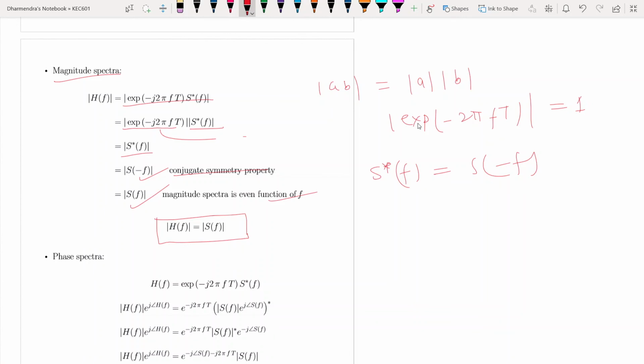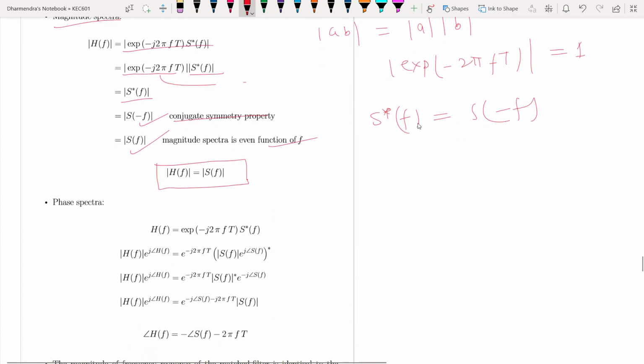Okay, so this is a very important observation. Now I will discuss the phase spectra of this frequency response. I can write H of f as the magnitude of H of f times exponential j angle of H of f.